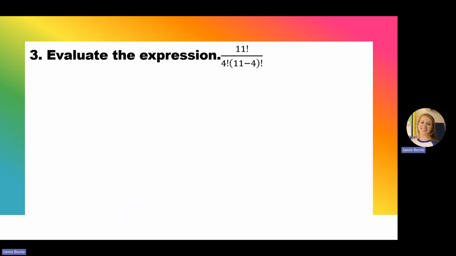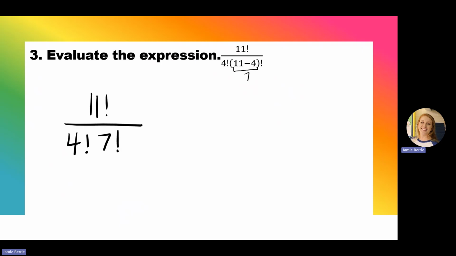You don't technically have to. Okay, well, I know that 11 minus 4 is 7. So I like to do that first, although you could totally just plug it in like that if you wanted to.